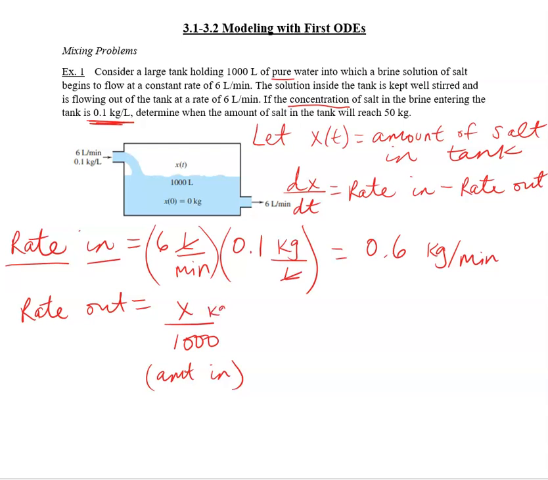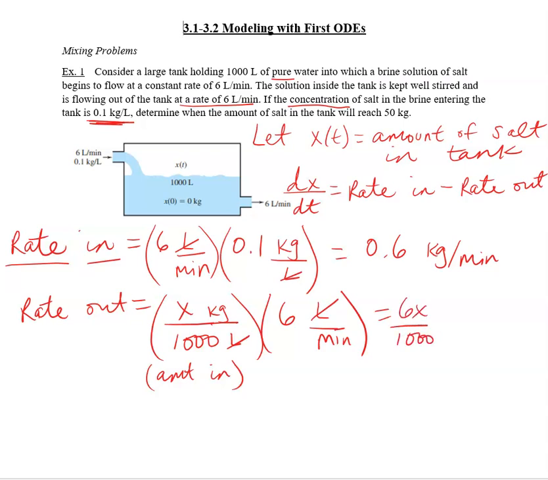And that would be kilograms per liter. And if we again multiply that by the rate that the water's leaving the tank, that would be 6 liters per minute again. And same thing with the units. Notice the liters go away, and I'm left with 6x over 1,000 kilograms per minute. Or if you want to clean that up, we can make it 3x over 500.